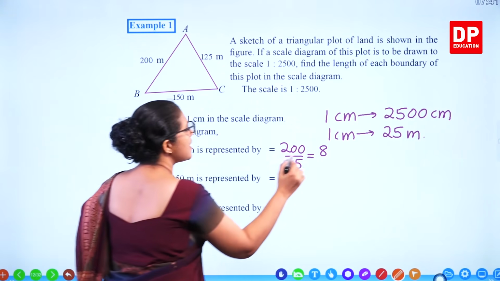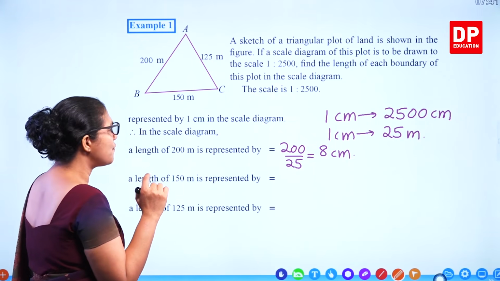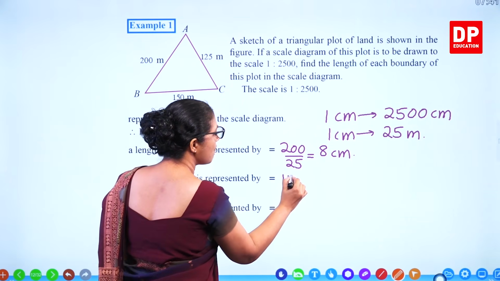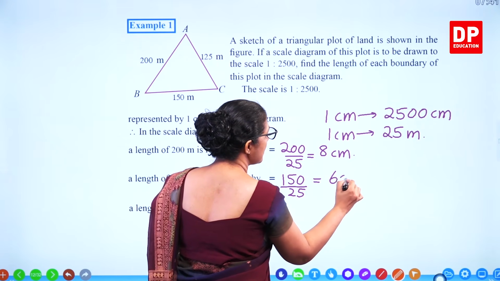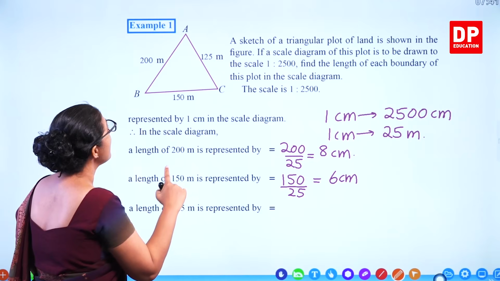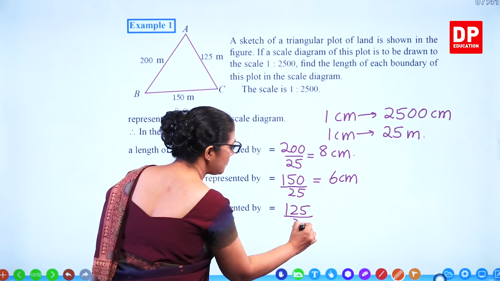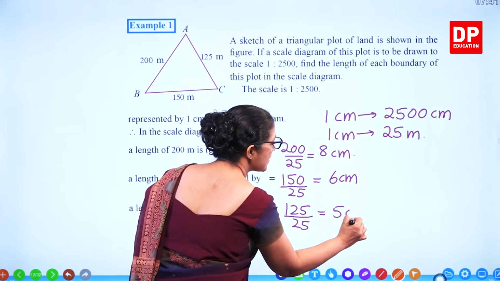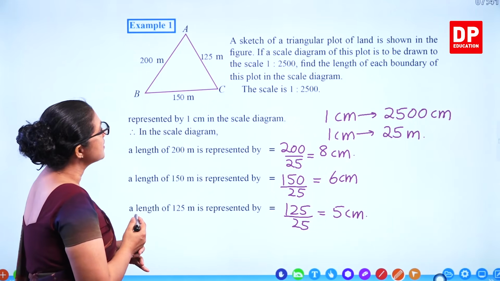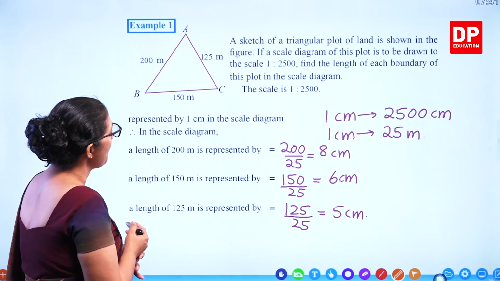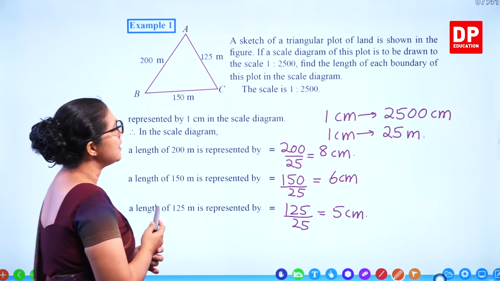So that means 8 centimeters length. 150 meters, divide by 25, you get 6 centimeters. And 125, divide by 25, you get 5 centimeters. So these are the scale measurements: 8 centimeters, 6 centimeters and 5 centimeters.